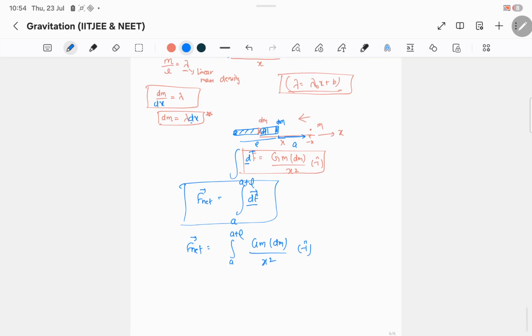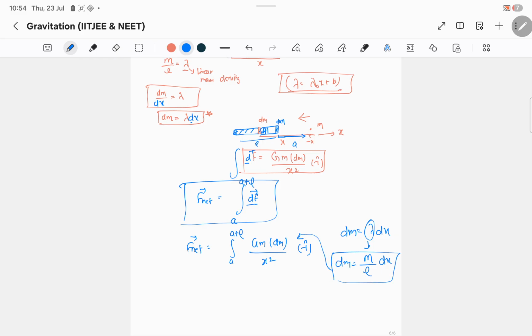So dm will be equal to lambda times dx, and lambda is nothing but total mass by total length. So substituting here, F net is the integral from a to a plus l of G M into M by l, dx by x square.